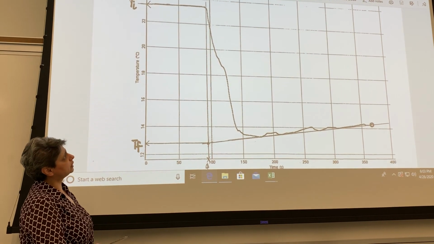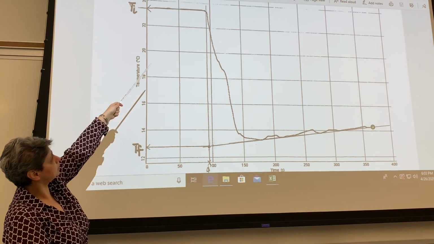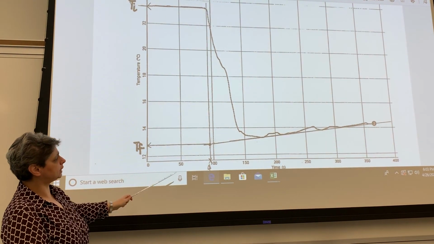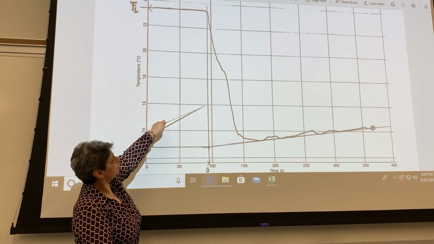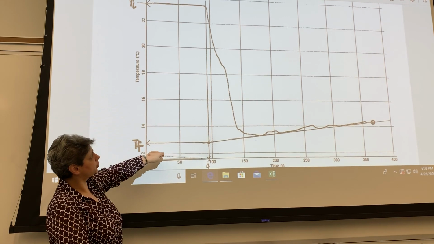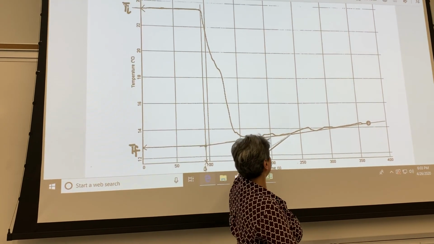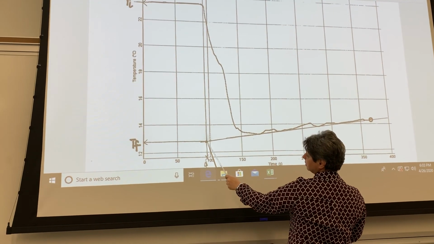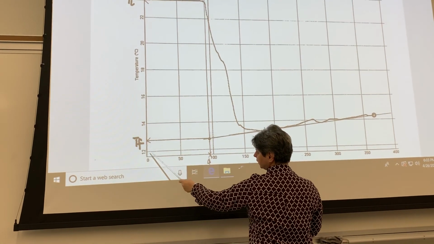So how do we find final temperature at this point? Well, initial temperature is, I hope, self-explanatory. What about final temperature? Once again, we draw the mixing timeline right here through the point in time when the salt was added to the water in the cup, and then we draw this tangent line through this portion of the curve until it crosses with the mixing timeline, and then we go over horizontally to find our final temperature.